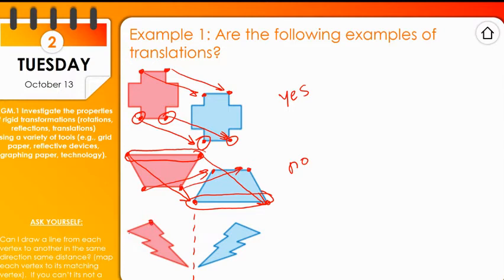We cannot map vertices. This vertex maps with this one. However, this vertex maps here. Because we don't have the same mapping, no, this is not an example of a translation. As I stated, that would be an example of a reflection.